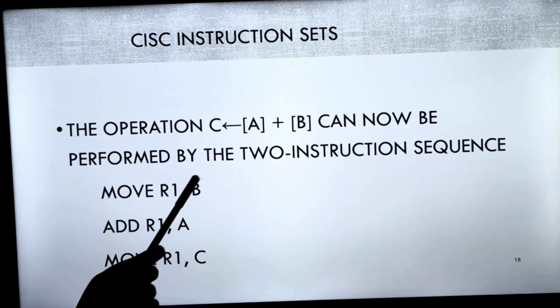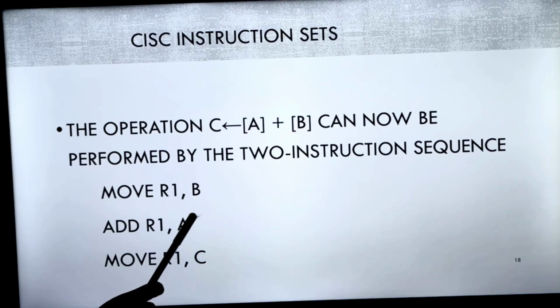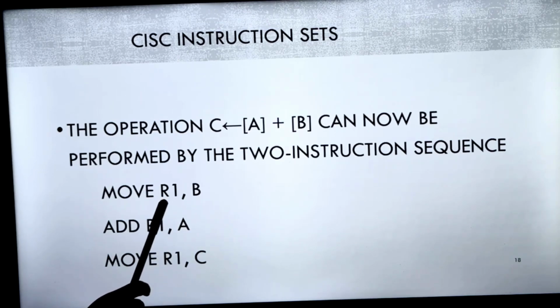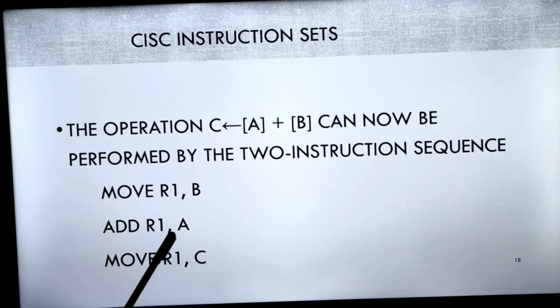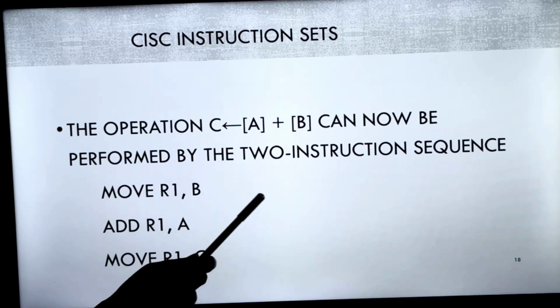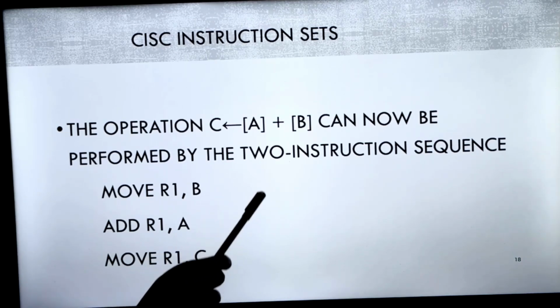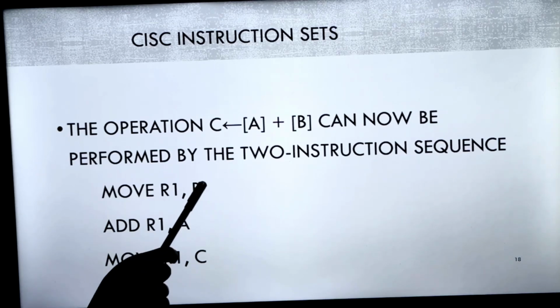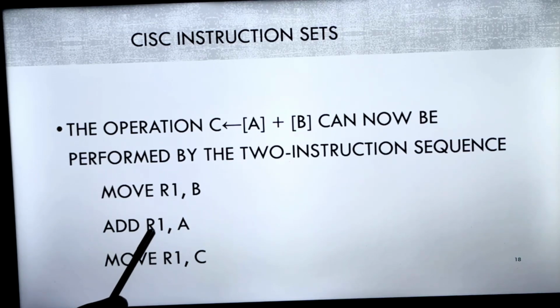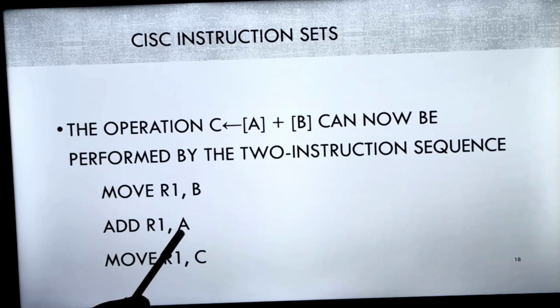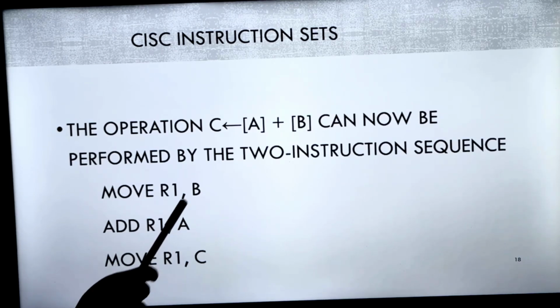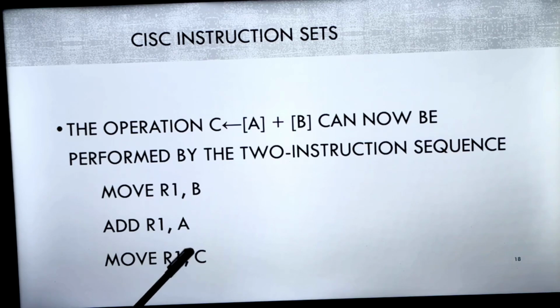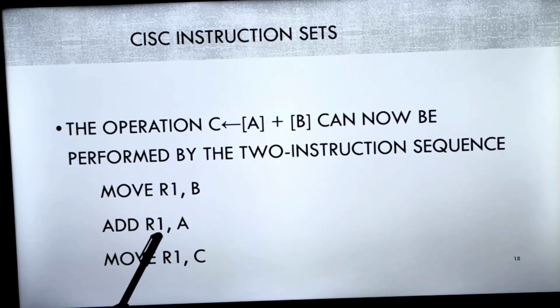So whatever is in memory location B, I will move to register R1. Then ADD R1, A. Whatever is in my memory location A, I will directly add to the R1 register where I already have B. So it is nothing but R1 equals R1 plus A, meaning R1 equals B plus A, right? And finally I will store the same result back to memory location C.